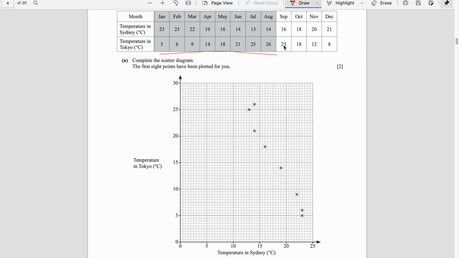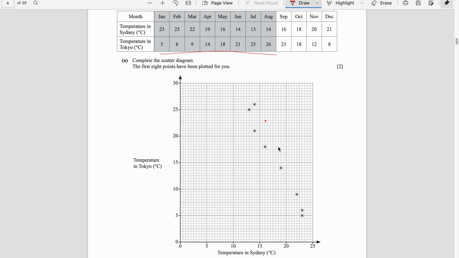This is 16 and the other is 23. 15, 16 and 21, 2, 3. First point, then 18, 16, 17, 18. This is 20. This is 19.